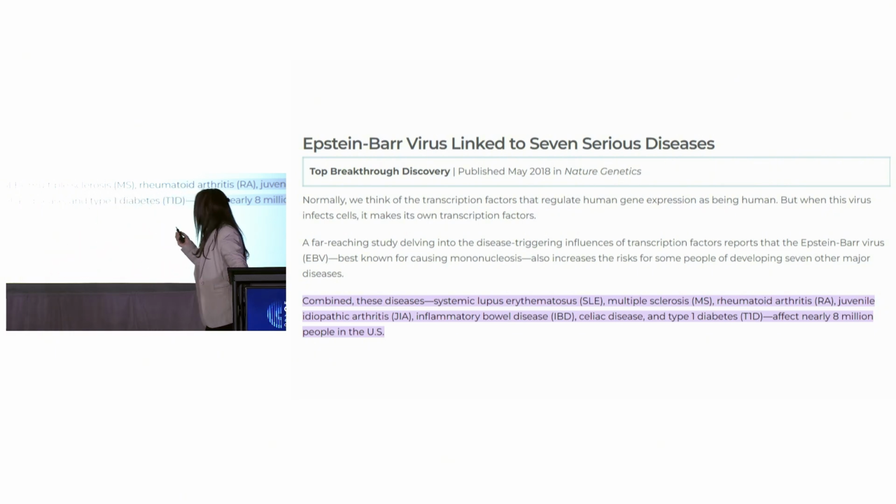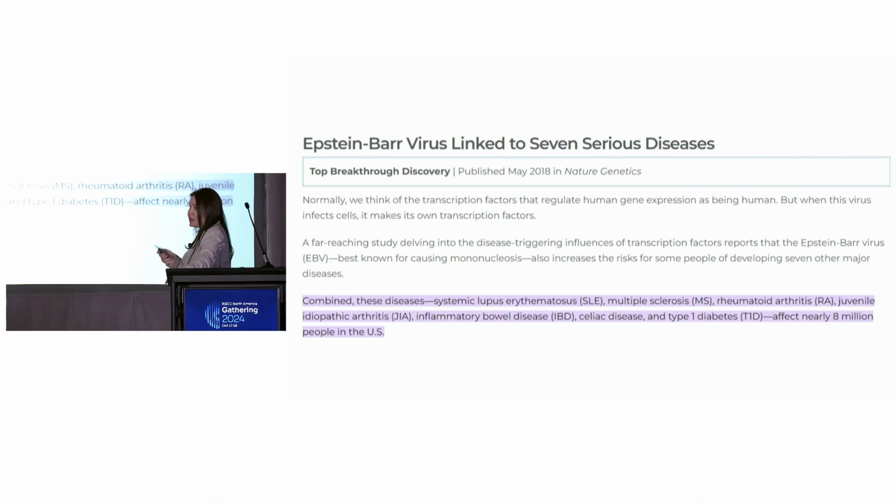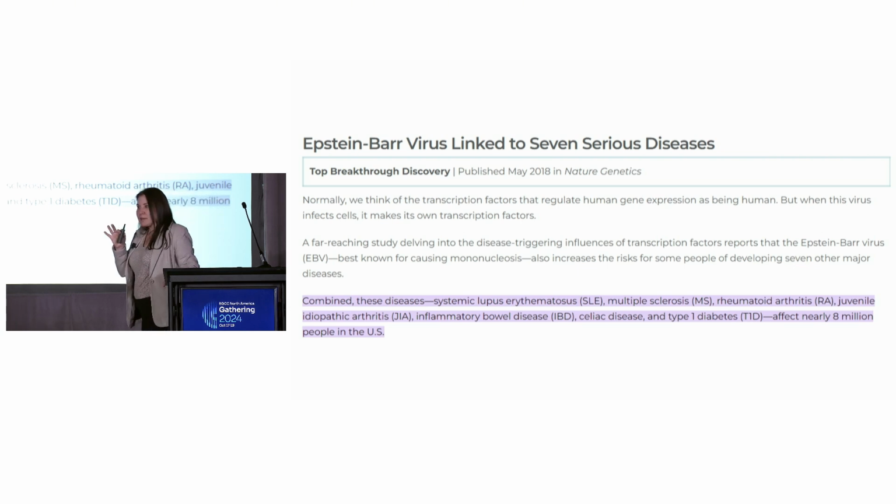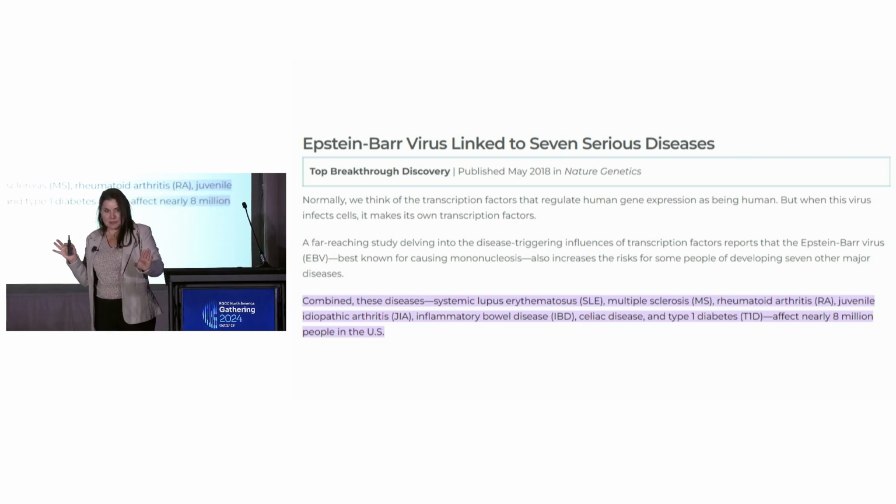This is actually coming out of a 2018 article that has now been rephrased and republished many, many times. They're describing the role that Epstein-Barr plays as a causal link for lupus, multiple sclerosis, rheumatoid arthritis, juvenile idiopathic arthritis, inflammatory bowel disease, celiac, type 1 diabetes.